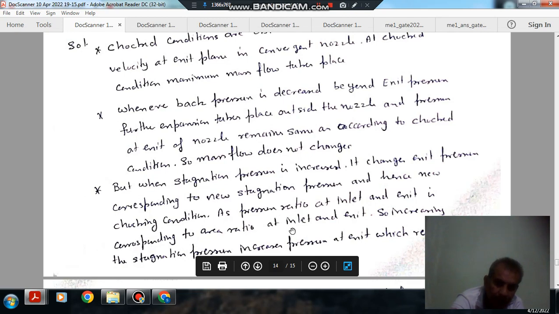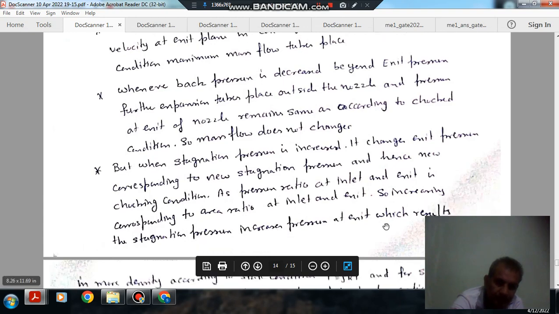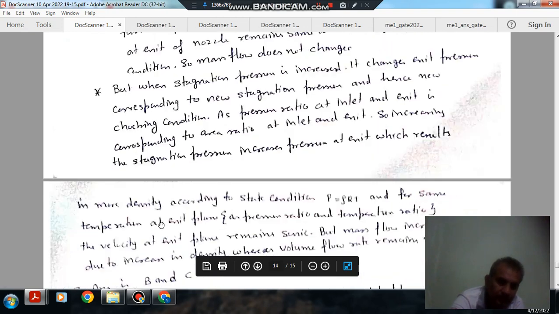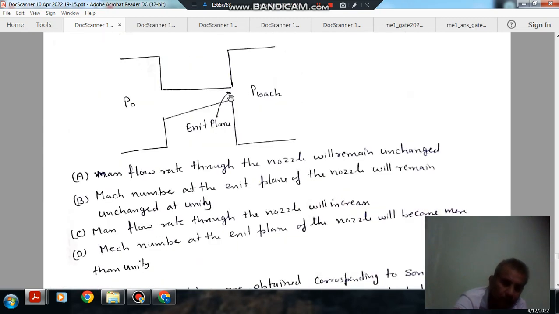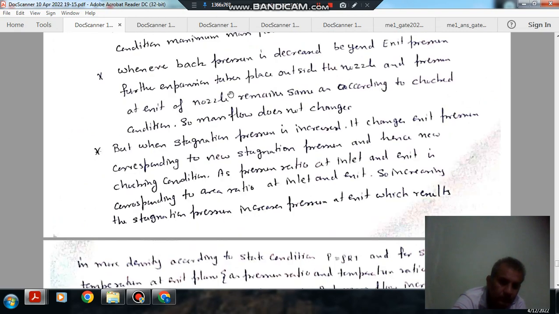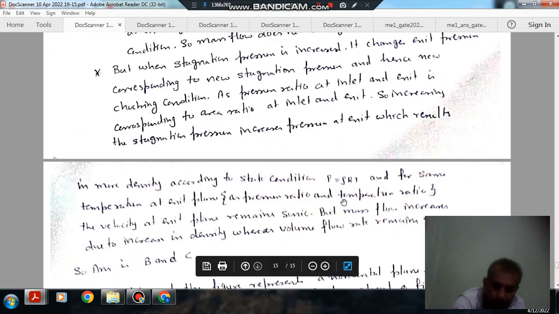Increasing the tank pressure will increase the pressure at exit, which results in more density according to static conditions. As pressure is more here, according to P equals rho RT, the density will be more, for the same temperature at the exit plane, as the pressure ratio and temperature ratio are the same.